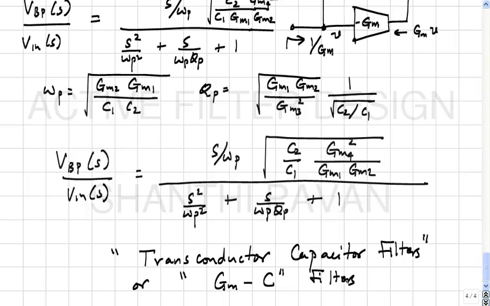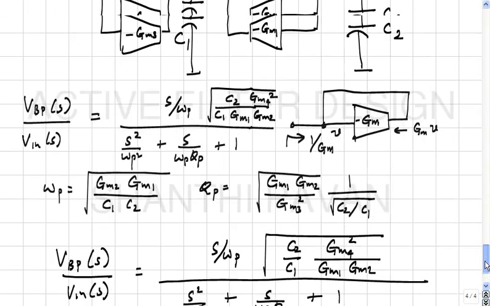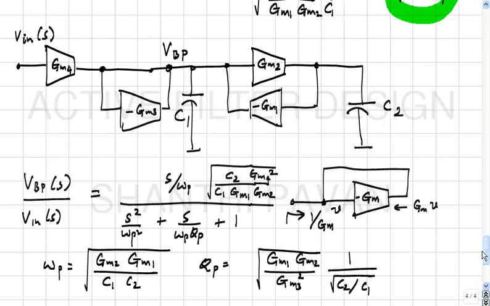or called GMC filters. Is there any reason for resistor being replaced? The only reason is that if you wanted a network with only transconductors, then there's no earthly reason why a resistor cannot be realized using a control source. You understand?